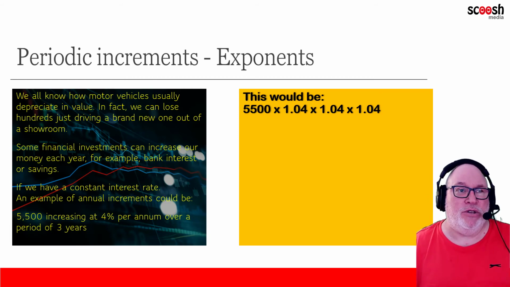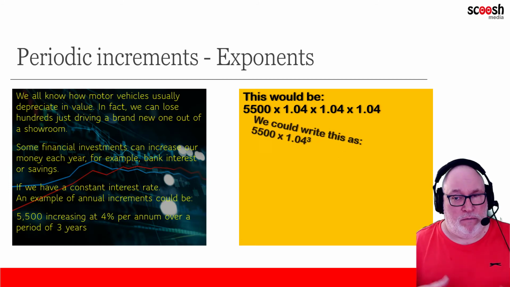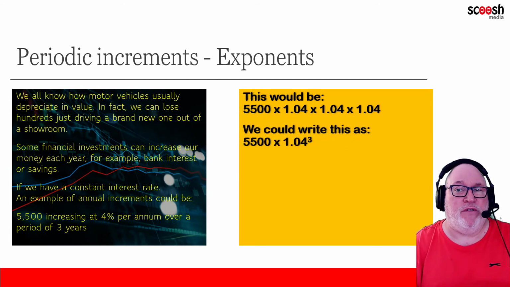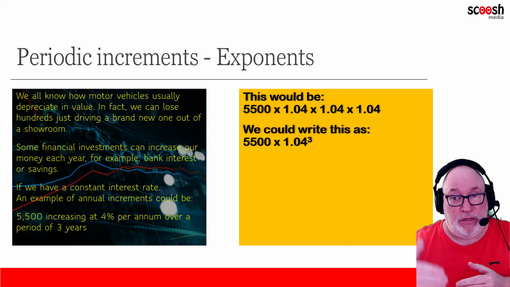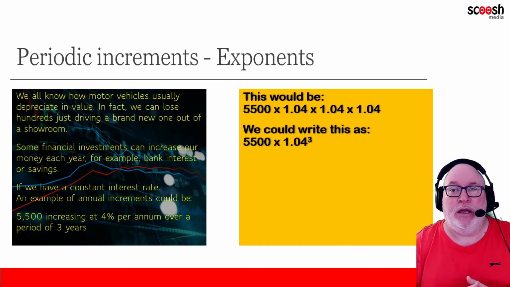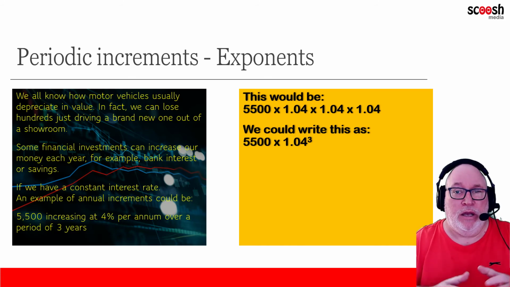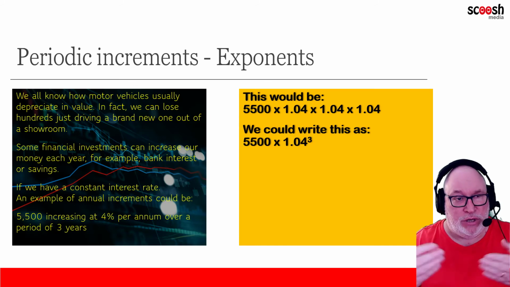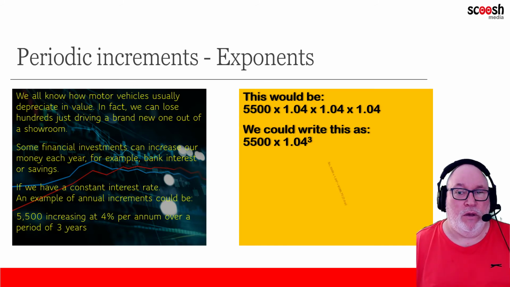We can write this a wee bit easier, so we can. And if we just do 5,500 times 1.04 to the power of 3. So it's just times that 3 times, okay? So you get 1.04 is timed by that 3 times over. So it's exactly the same thing.